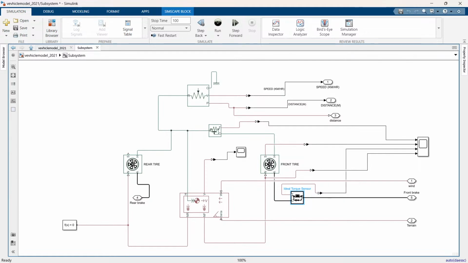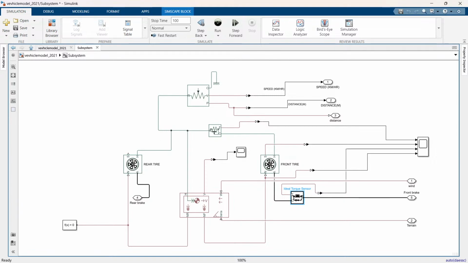First, I will tell you what the ideal force sensor is and what purpose we are using it for. Basically, this ideal force sensor is a device used to measure the force passed through it. It converts this measurement into a control signal.